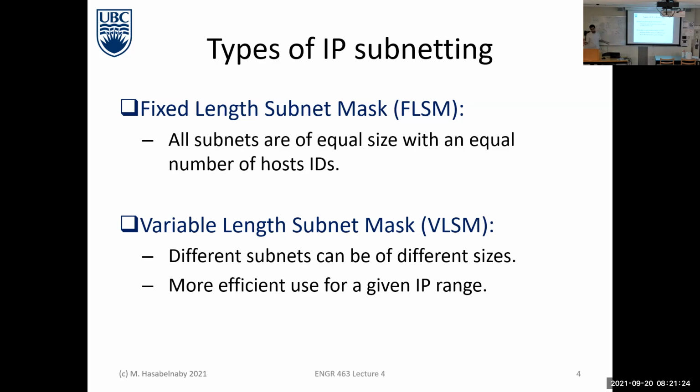And this will be, I think, more efficient. I will use my IP addresses more efficiently. The network that has more hosts, more devices, will be allocated more IP addresses. The network that has the minimum number of hosts will be allocated the minimum number of IP addresses. And this is the logic.